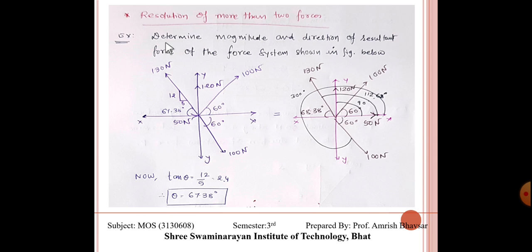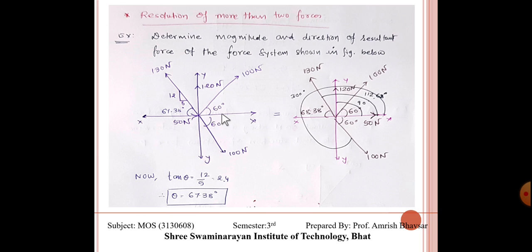Determine the magnitude and direction of the resultant force of the force system shown in the figure. Here this is the x axis, this is the y axis. Here a 100 Newton force is given, this is 120 Newton, this is 130 Newton with some slope, this is 50 Newton, which is compressive, and this is a tensile 100 Newton at 60 degrees.